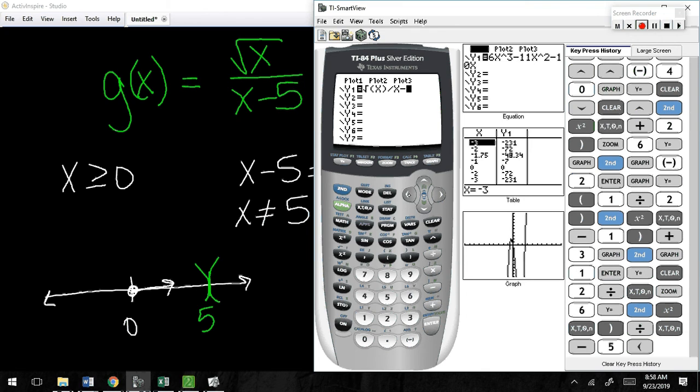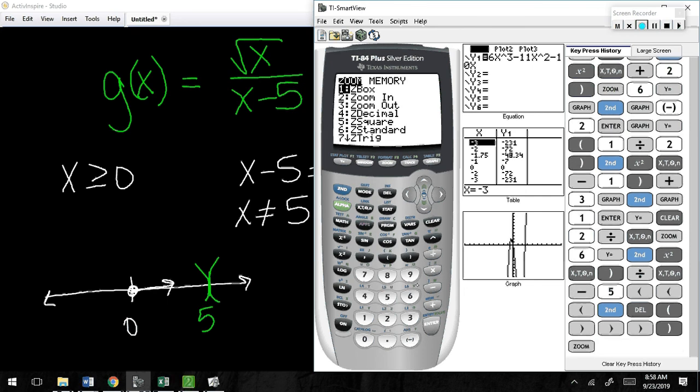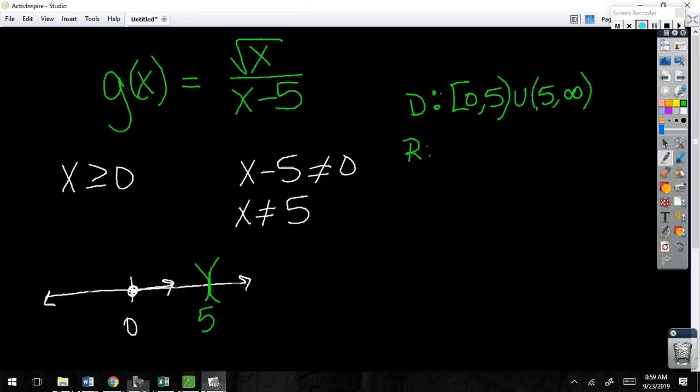It probably looks kind of funky. X is bigger than 0. And it leaves out 5. It hugs 5 from both sides. So that justifies graphically. So if I sketch a graph, my pen slipped.